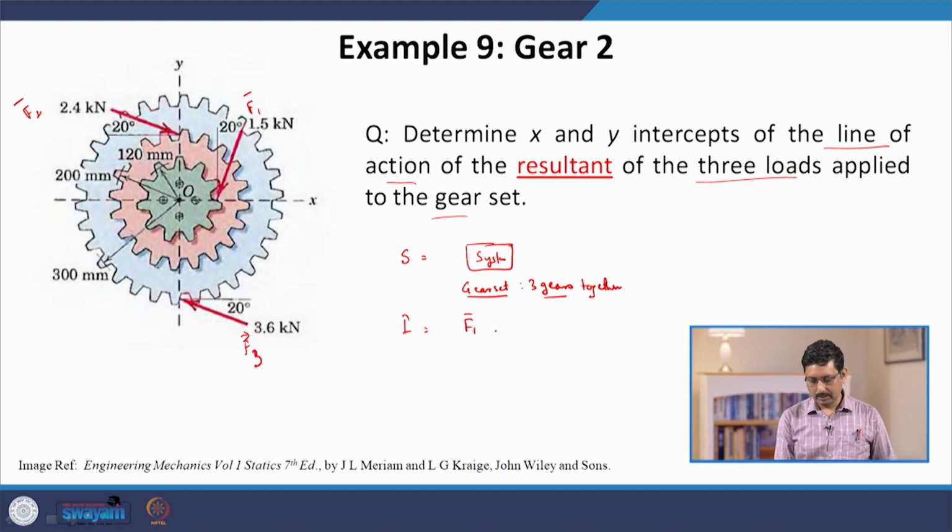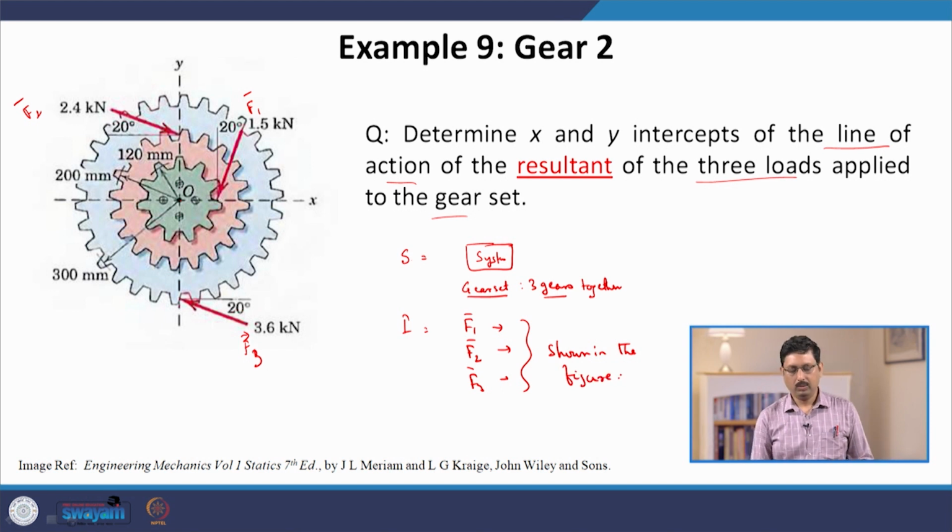So, the interactions are F1, F2 and F3 shown in the figure. And let us understand the problem. What do we need to calculate? We need to calculate the resultant of these 3 forces. So, what is the total force acting on our system?